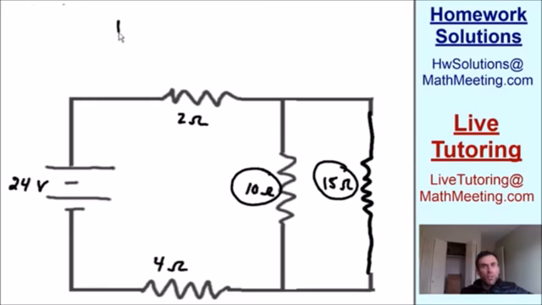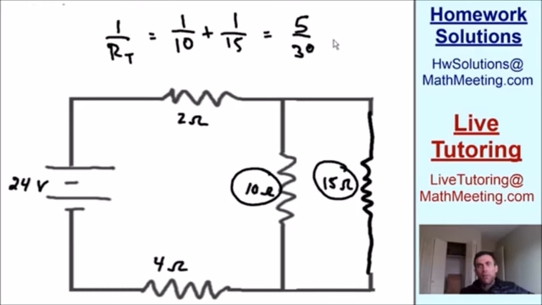The equivalent resistance, or the total resistance, for two resistors that are in parallel is equal to 1 over R1, where R1 is equal to 10 ohms, plus 1 over R2, where R2 is equal to 15 ohms. So we have 1 over 10 plus 1 over 15, which is equal to 5 over 30. 5 over 30 simplifies to 1 over 6.